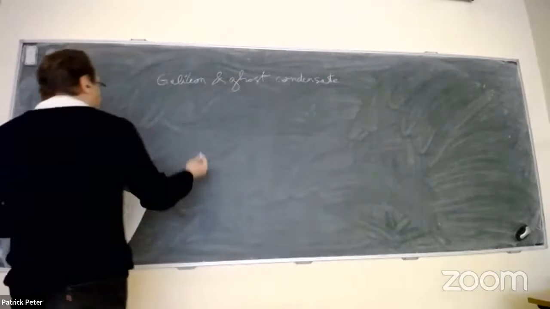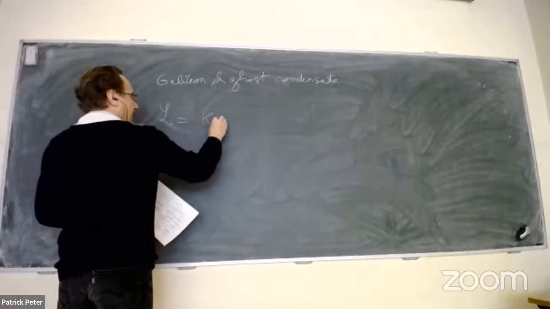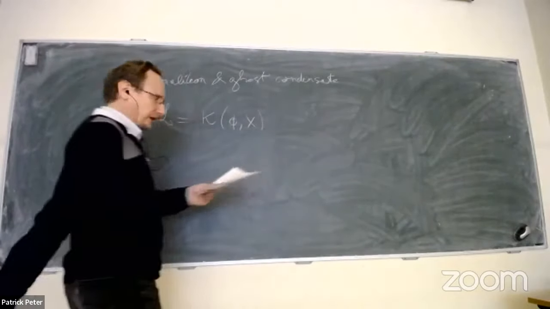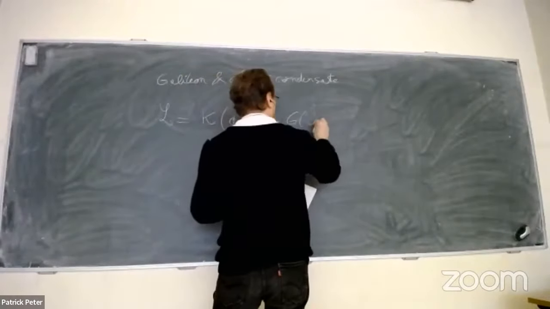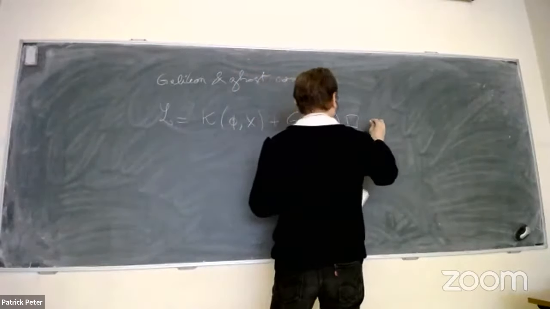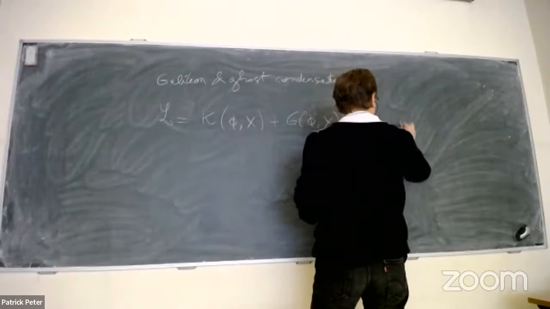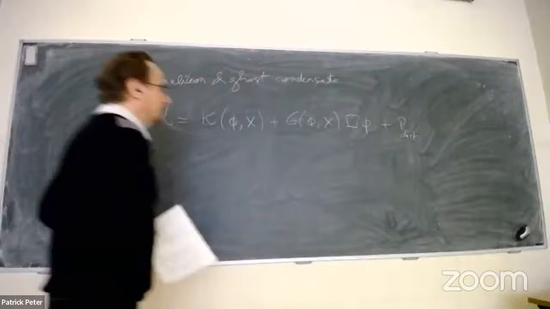And so for this, you will take an arbitrary function of phi and X, the same X as defined earlier, plus an arbitrary function of phi and X times box phi. And then to that, you can add whatever you want, perhaps like a dust pressure or whatever.